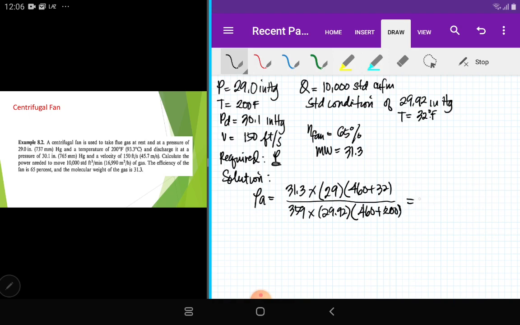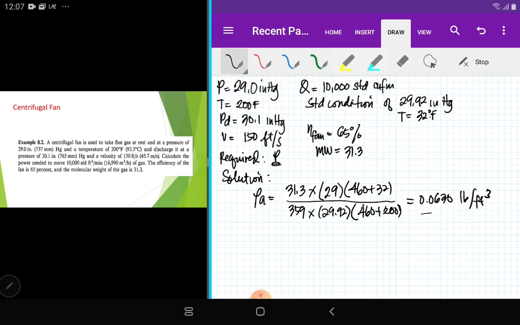This will give us 0.0630 pounds per cubic feet. In short, this is just the ideal gas law, PV equals nRT.